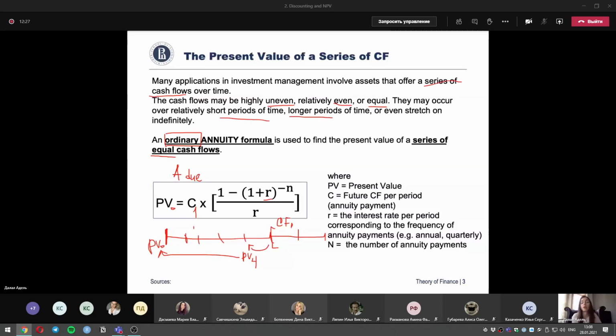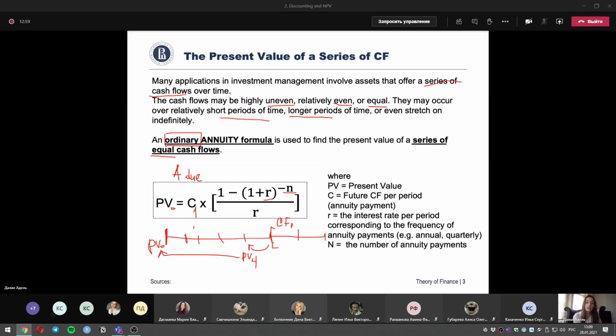If you receive equal cash flow every 3 months, then your rate should be a quarterly rate, so that the whole formula is consistent, and then you will take the number of quarters as the number of periods. Again, just don't forget, better to double check yourself if your formula is consistent.